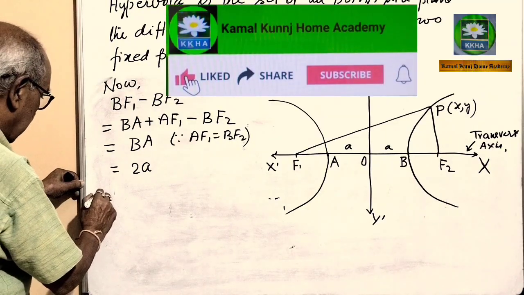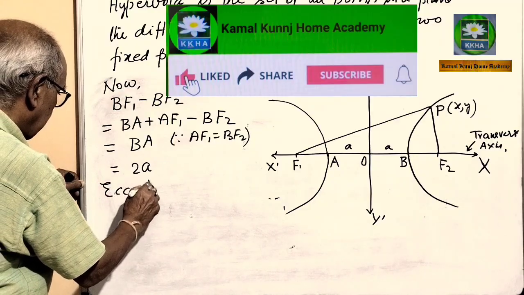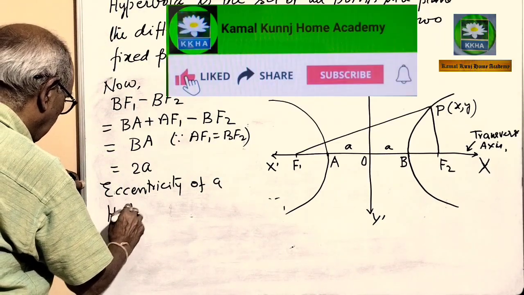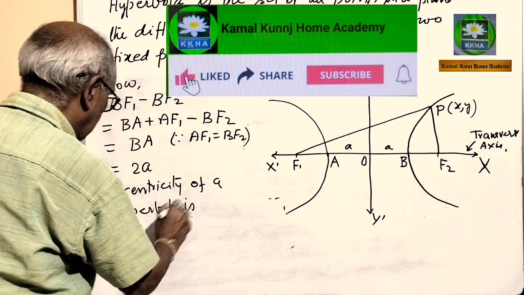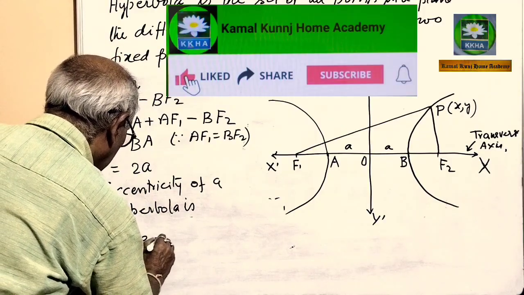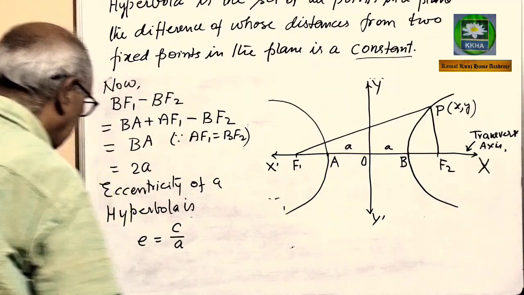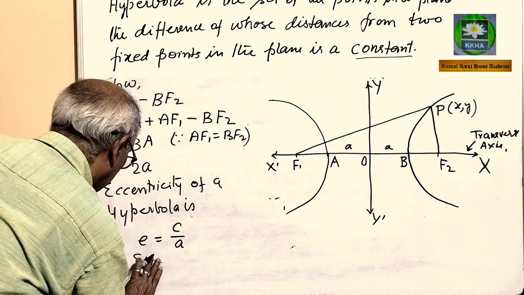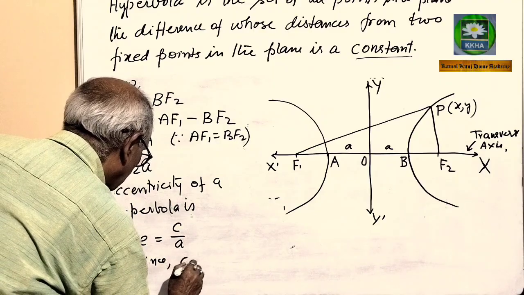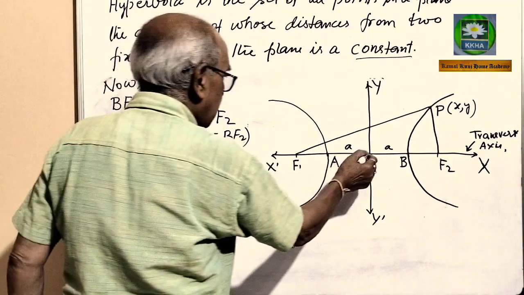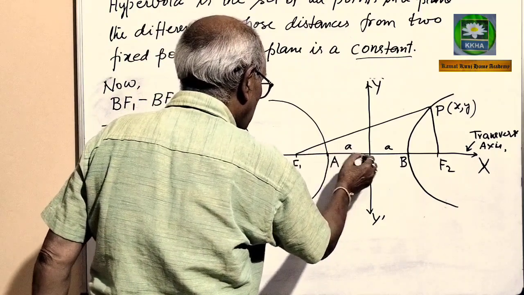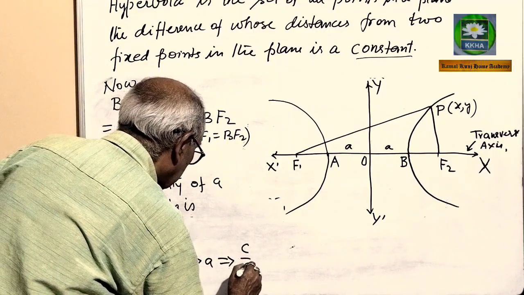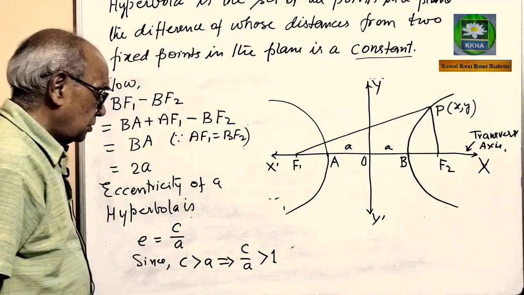Now what is eccentricity? Eccentricity of a hyperbola is e equal to the ratio C upon A. Now since the value of C is greater than A, C is OF1 and A is OB, the value of C is greater than A. This implies that C upon A, this ratio, will be greater than 1.